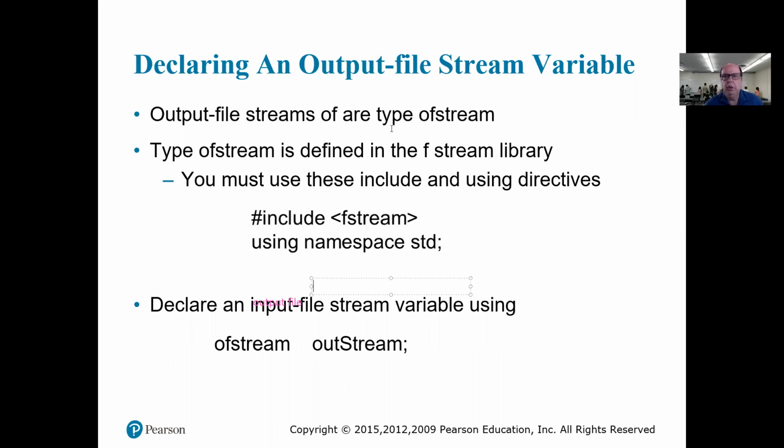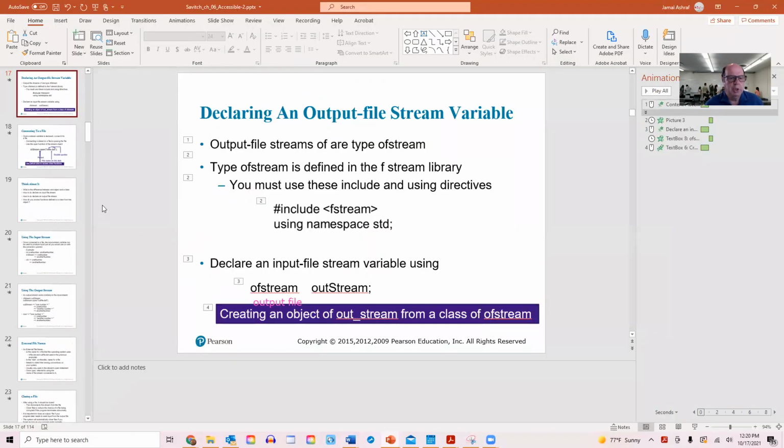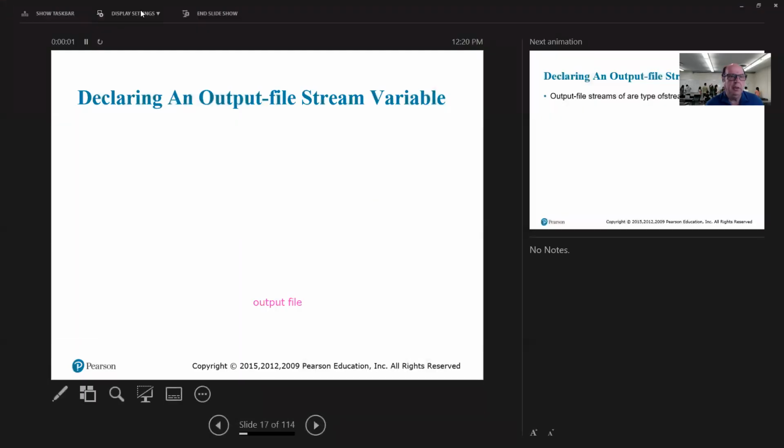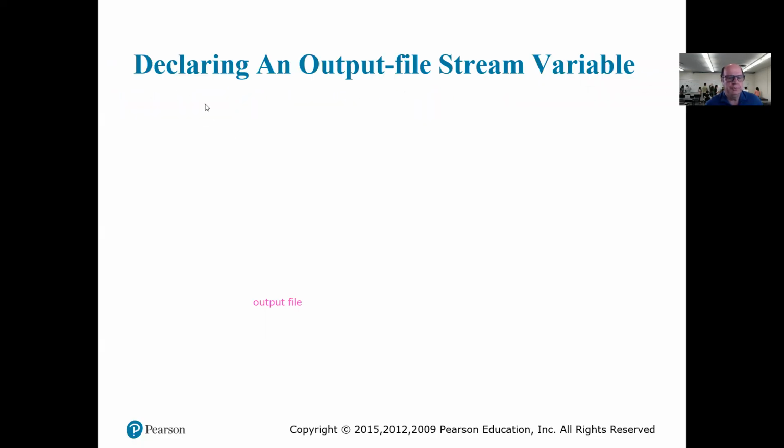So maybe I cancel this and I go change it to output file. See what happens when I copy and paste stuff. All right, so go back to the slide and change it.